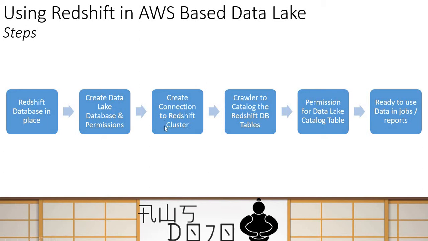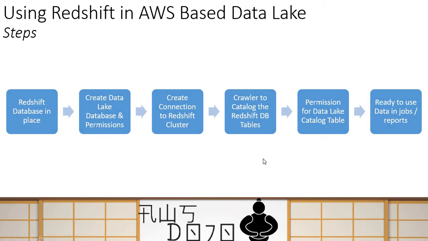That's the second step. The third step is that you need to create a Glue connection with the Redshift cluster so that components like crawlers can use this connection to catalog the data, and components like Glue jobs can use this connection to work with the data, like manipulate and transform it.